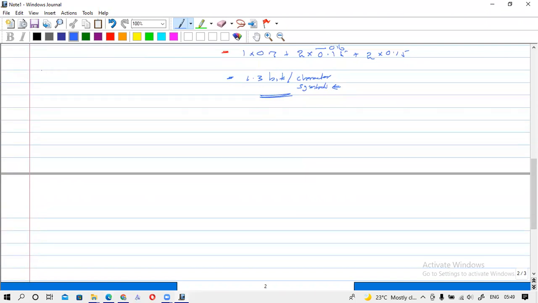If you are going for higher order modulation, you assign several bits, the higher number of bits, to one symbol.